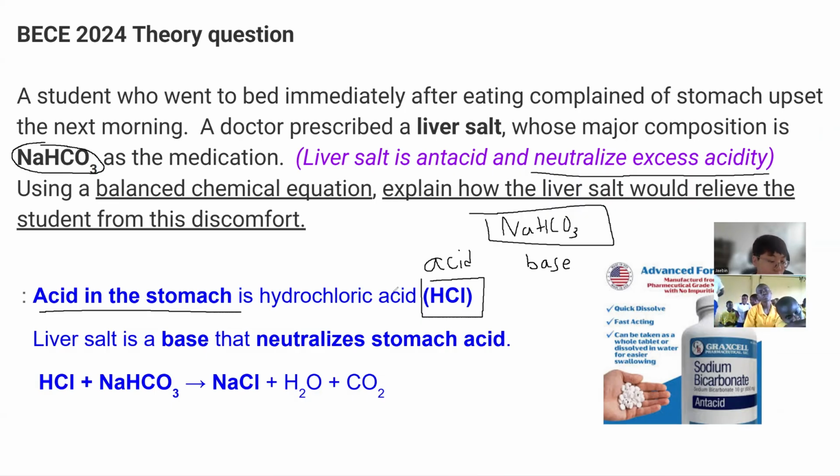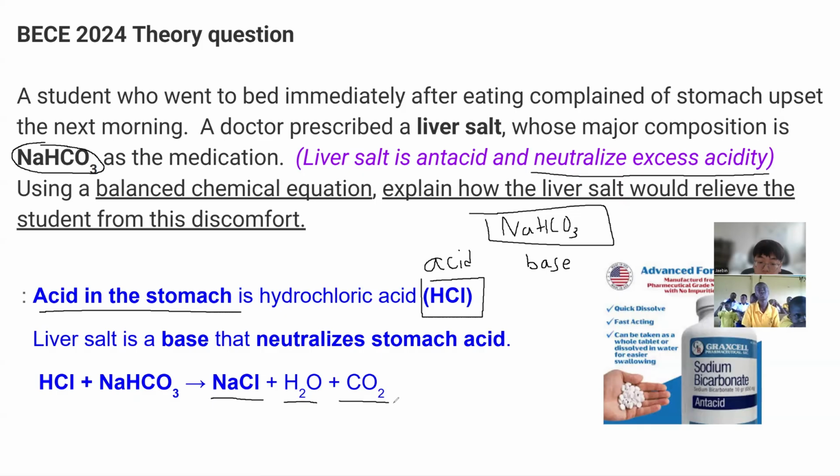So an acid plus a base forms salt and water, right? The salt that forms here is NaCl. We get that from the Na and the Cl, which are the cation and anion that form the salt. Just pretty simple. And then it forms water.